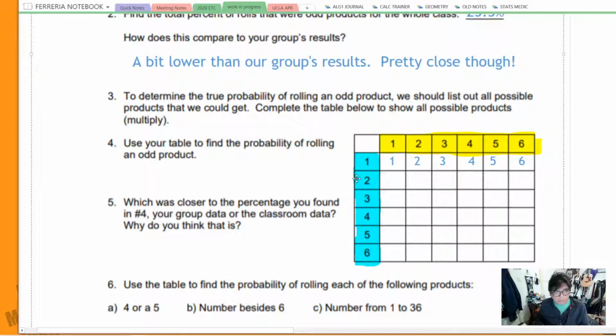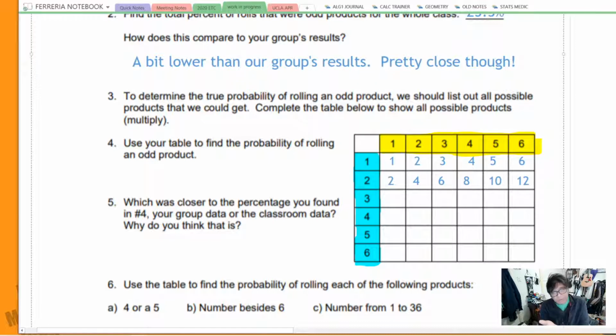But what if the blue die rolls a 2? What happens now? Well, if the blue die rolls a 2, and the yellow die rolls a 1, we're going to get a 2. And then we just keep multiplying. Blue 2, yellow 2 is a 4. Blue 2 and yellow 3, that's a 6, 8, 10, and 12.